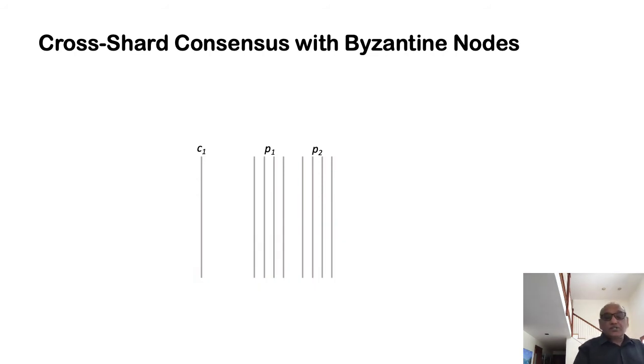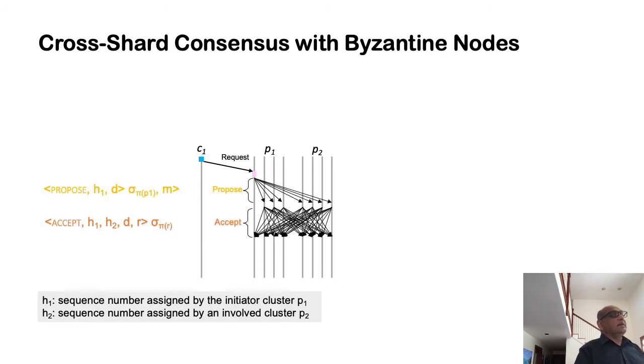With respect to the Byzantine nodes, it's very similar: you send out the request to the leader of one of the shards, and that leader coordinates the execution of this transaction on multiple shards by sending out the necessary number of proposed messages, and then you have to wait for accept messages.